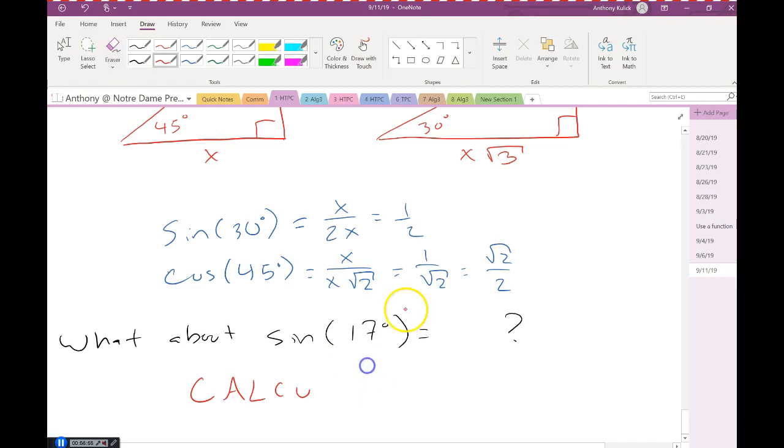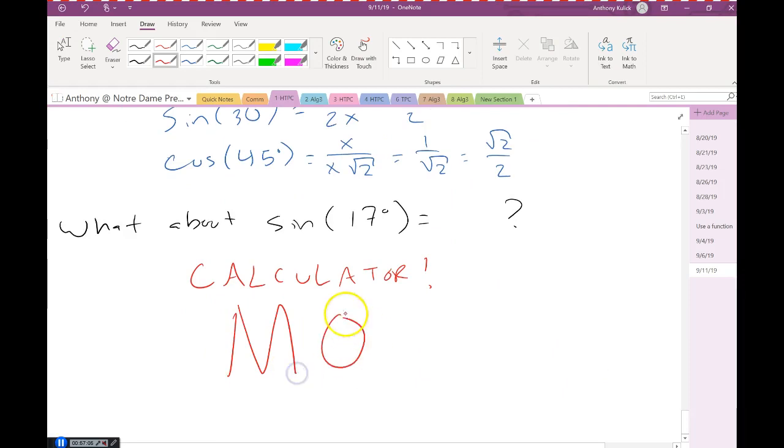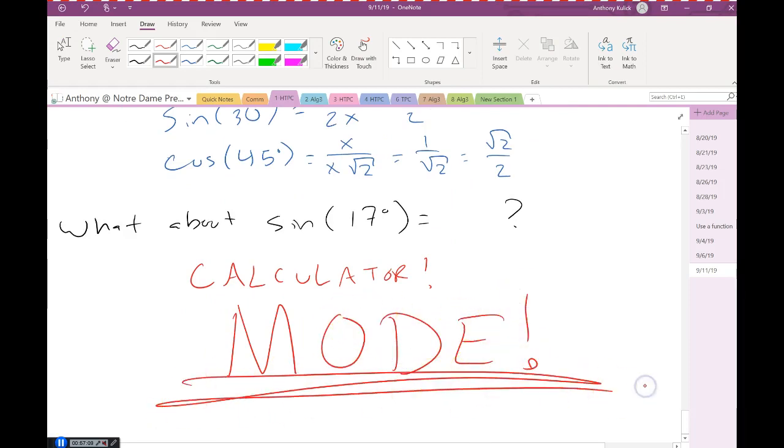What do you have to be careful about here, though? What mode should your calculator be in to do that above problem? Degrees.